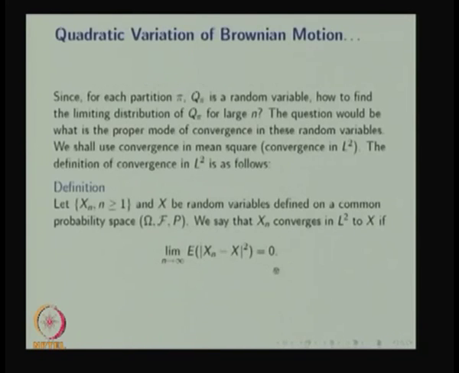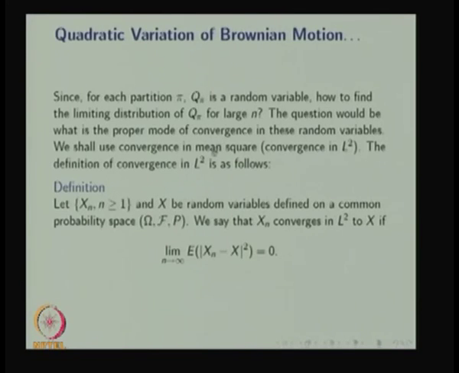Since for each partition pi, Q pi is a random variable, how do we find the limiting distribution of Q pi for large n? The question is, what is the proper mode of convergence for these random variables?